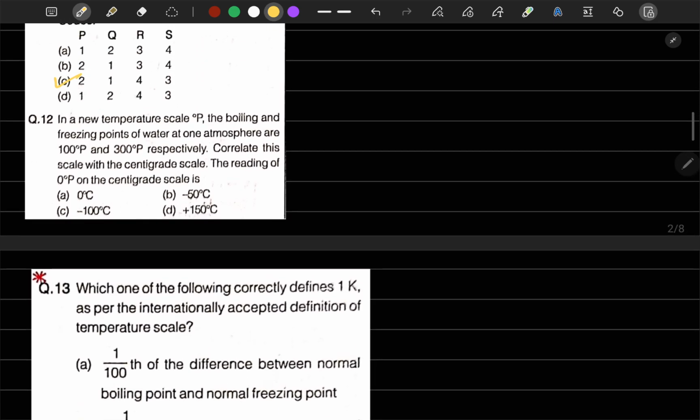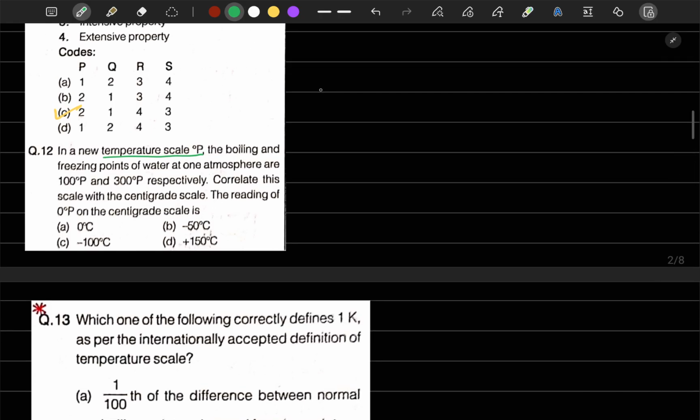Next question, let's talk about question number 12. A new temperature scale, degree P, the boiling and freezing points of water at 1 atmosphere are. As I mentioned earlier, let's draw two lines here. This will be for degree P, and this will be for degree Celsius.